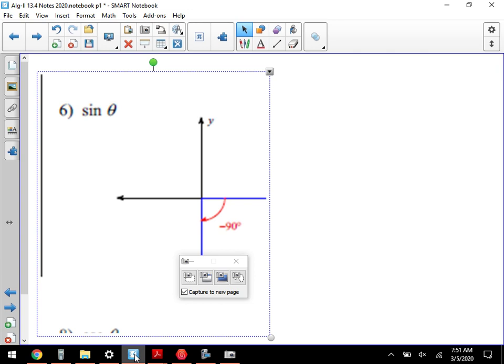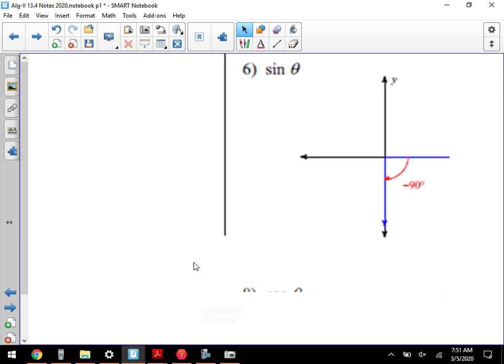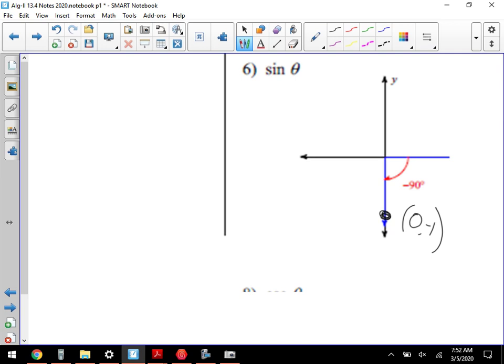Anyway, when you get to a quadrantal, remember, as soon as you land on a quadrantal, you have to write out the ordered pairs. Always write out the ordered pairs when you're on the quadrantal. Here it tells you at negative 90. Well, your ordered pair at negative 90 is 0 and negative 1.